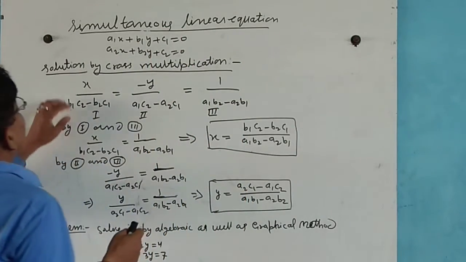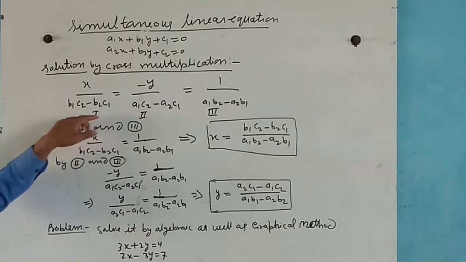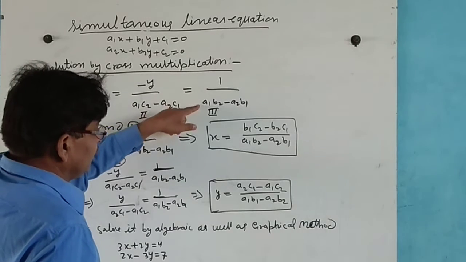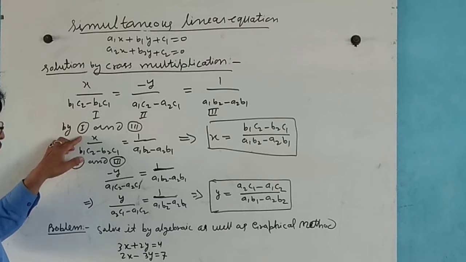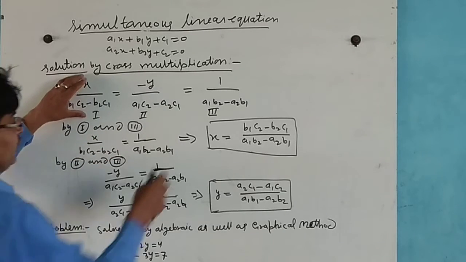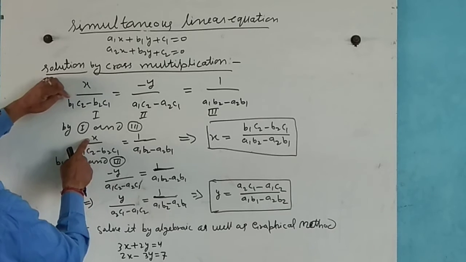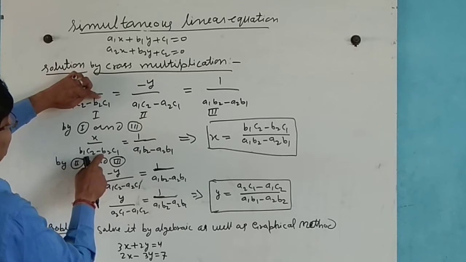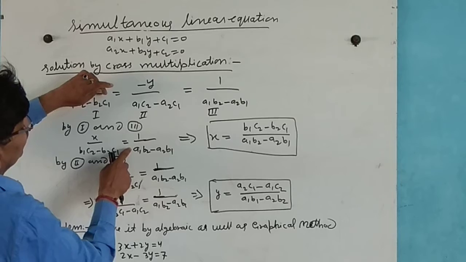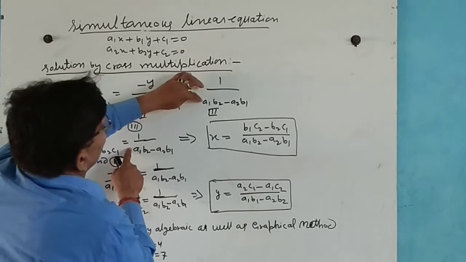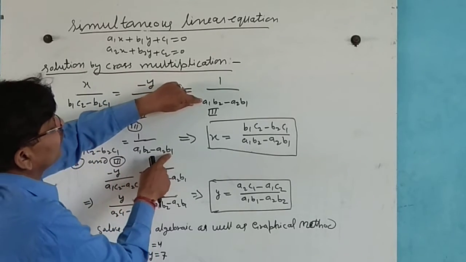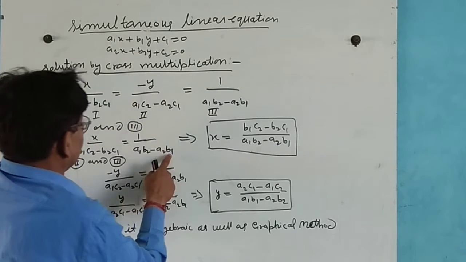Now this indicates first and second, and this is third. By first and third, x by b1 c2 minus b2 c1 equal to 1 by a1 b2 minus a2 b1.